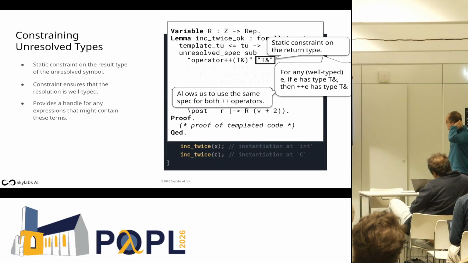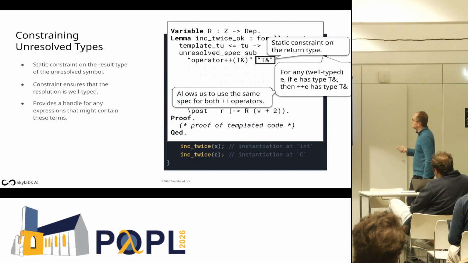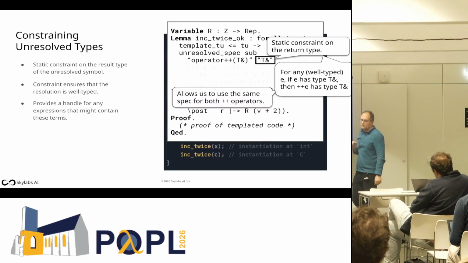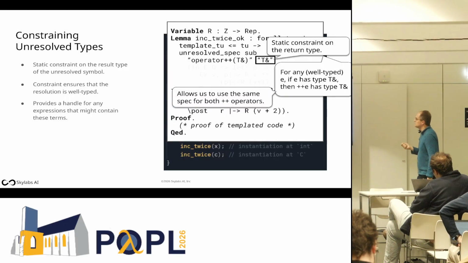And we can characterize that in our specification by giving a concrete kind of statement. It says the return type of an expression of this form is going to be this value. And the nice thing about being able to do this is that we now know that both of those plus plus operators refer to the same term.